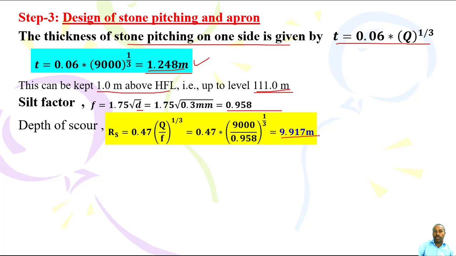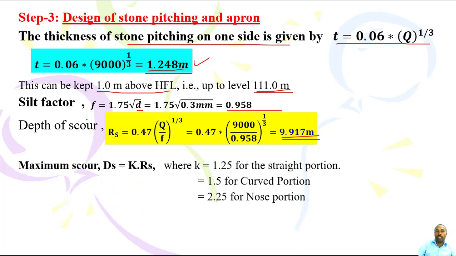Then you get this is the depth of scour. Then maximum scour depth is given by K times R_S, where K is a coefficient, which is 1.25 for straight reach and 1.5 for curved portion. Otherwise, for nose portion, you have 2.25.